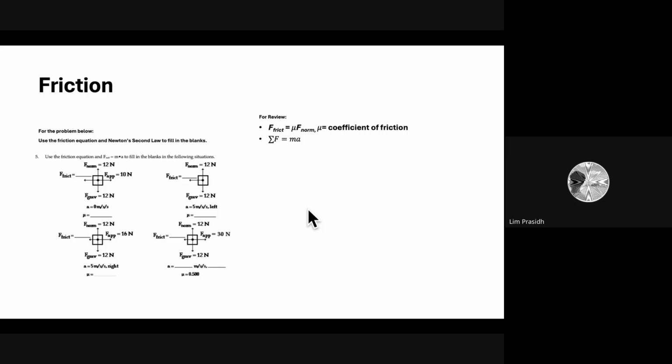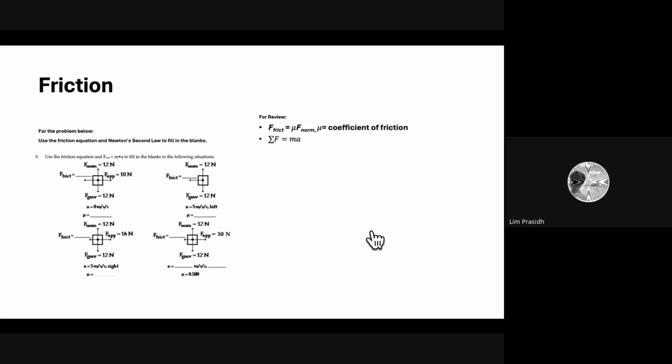So force of friction is equal to the normal force times, what do you call that symbol again? Mu. Yeah, the mu. So it's 0.51.